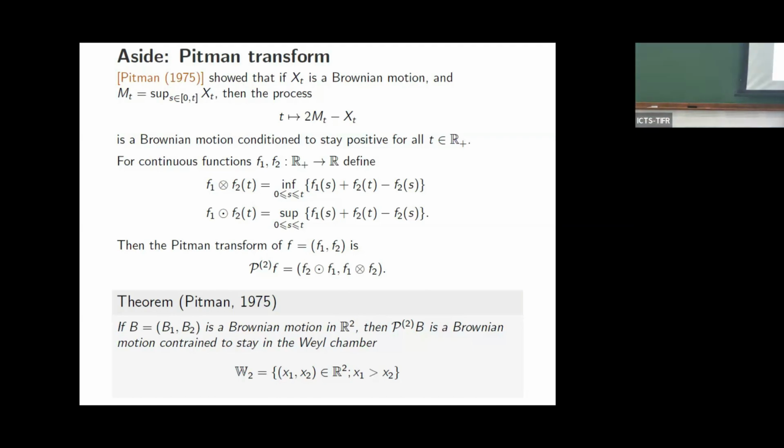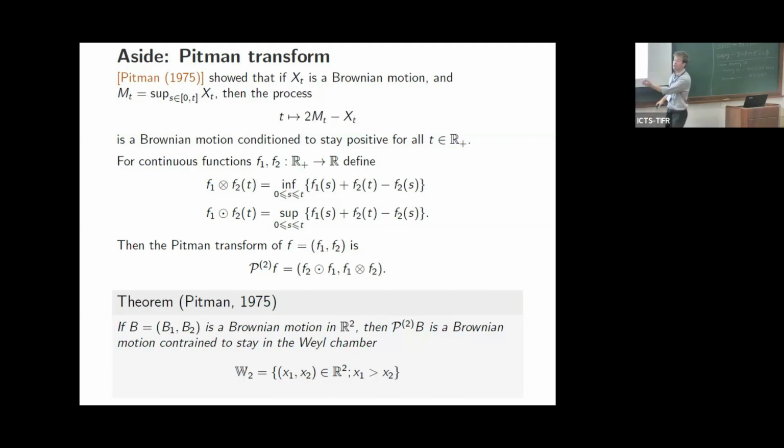There is another way to reformulate it, which I will use. Instead of twice the maximum minus X being a transform of a single path, I should see it as a transform of two functions. If I have two functions from R plus to R, let's say continuous, I can define two operations, f1 ⊗ f2 and f1 ⊙ f2, as given by this. There is some infimum for the first one and some supremum for the second one.